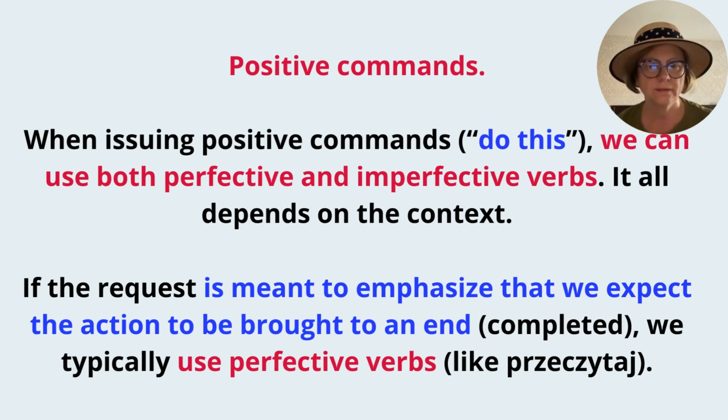Positive commands. When issuing positive commands, "do this," we can use both perfective and imperfective verbs. It all depends on the context. If the request is meant to emphasize that we expect the action to be brought to an end, completed, we typically use perfective verbs like przeczytaj.